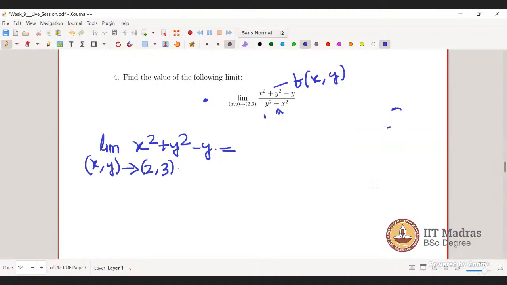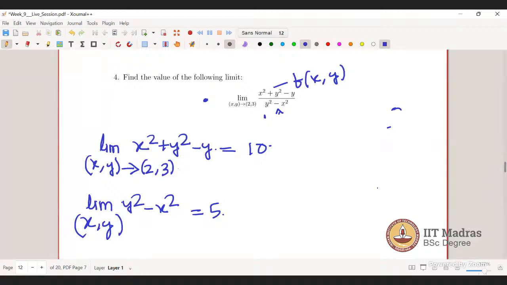So this limit is 2 squared plus 3 squared minus 3 times 2, which is 10. Denominator is y squared minus x squared, which is 5.